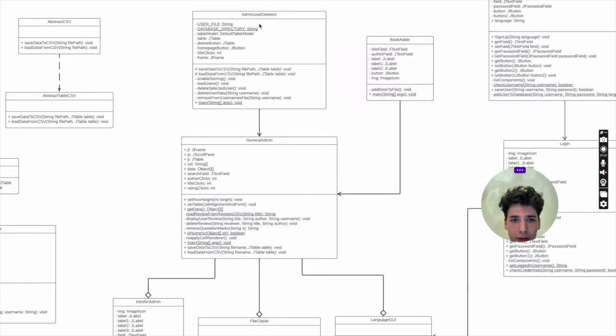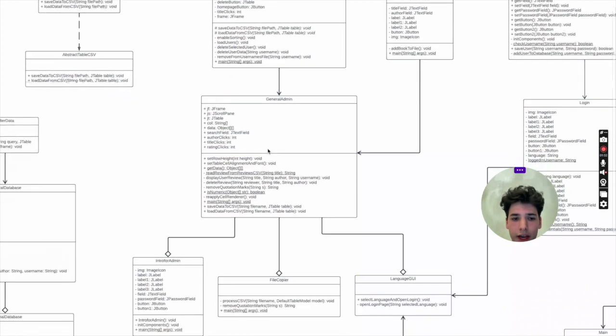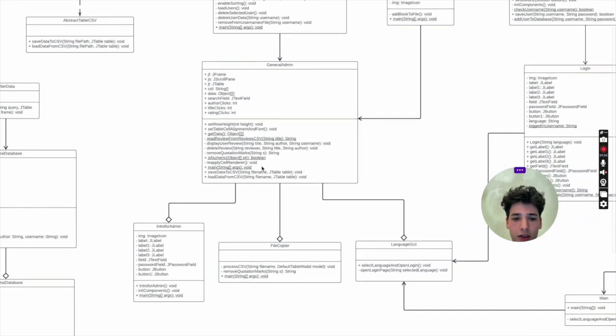Here we have admin user deletion and book adder. Both of them have an association with general admin, which has an aggregation with intro for admin, file copier, and language GUI.